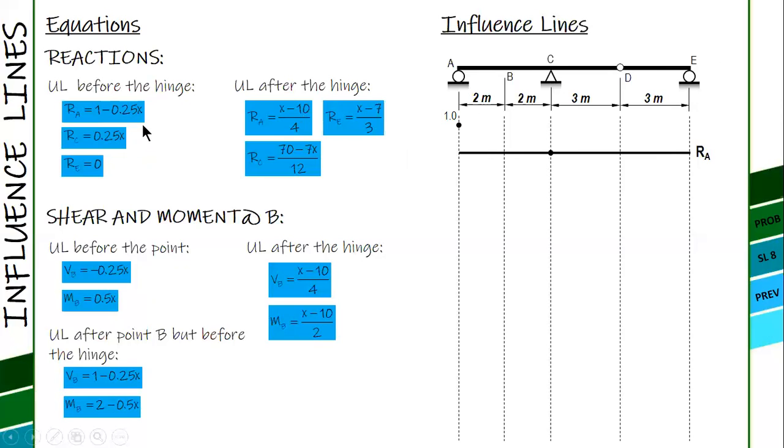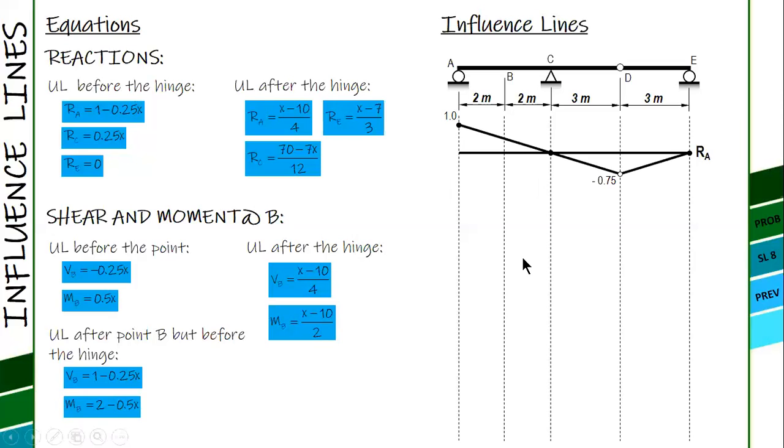And at D, x is 7. 1 minus 0.25 times 7 is negative 0.75. And then for DE, with this equation, when x is 7, negative 3/4 or negative 0.75. When x is 10, 0. Then connect them.